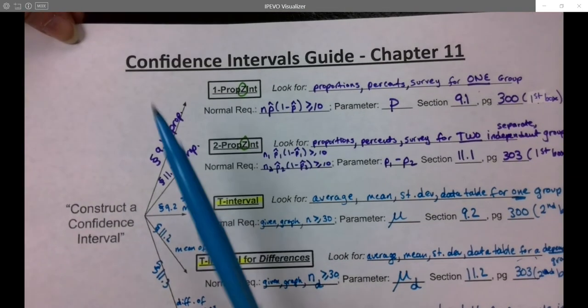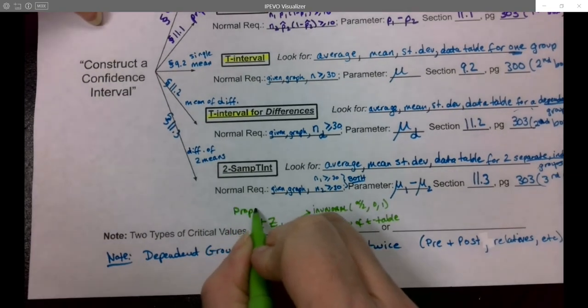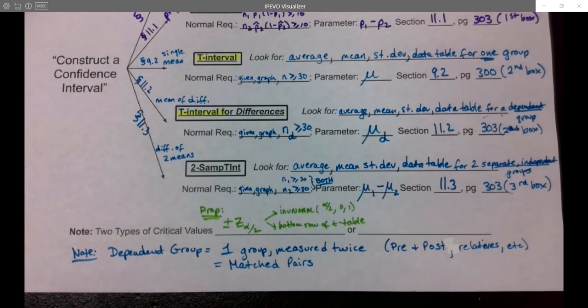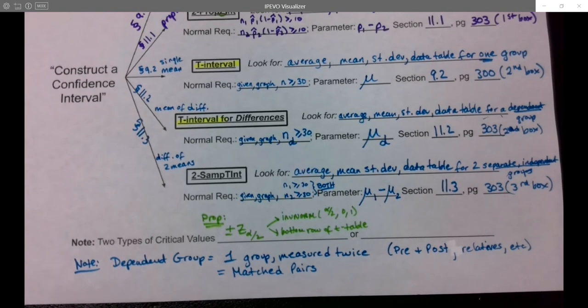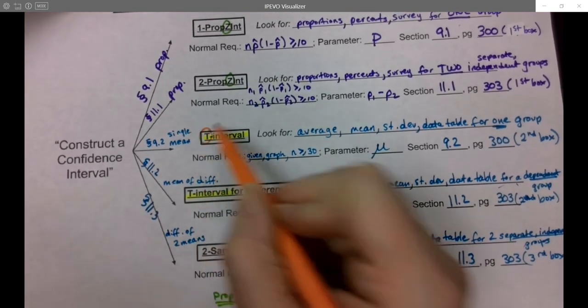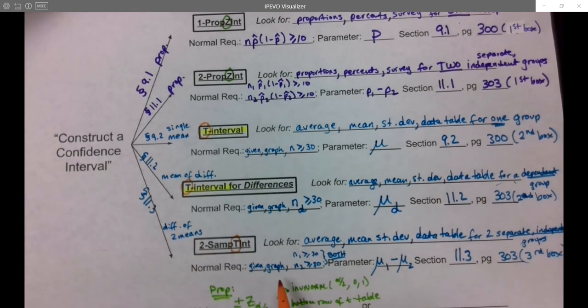The two proportion ones are the ones that use the z. So if you want, you could put a little prop next to these, right? The proportion ones are the ones that use the z. The mean ones use t, and you can see it right in what the calculator is telling you. So t, t, t. They're using t as their critical values.